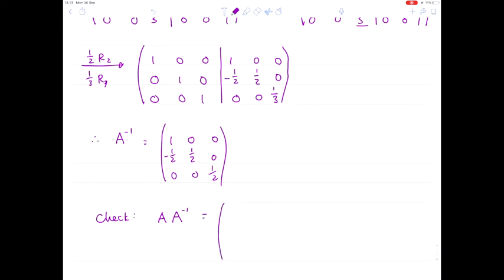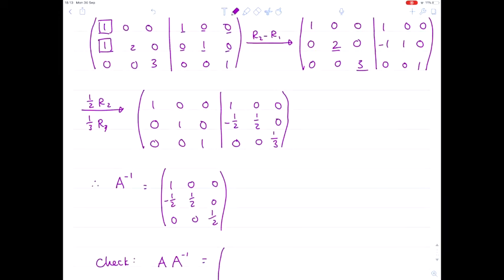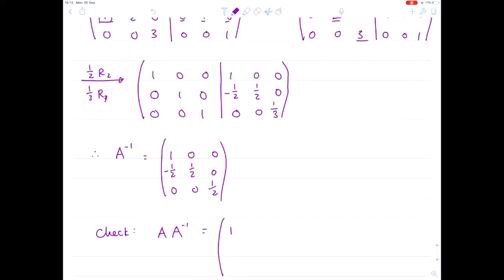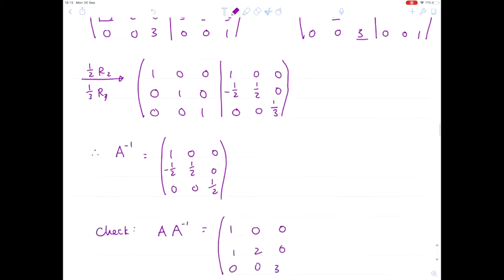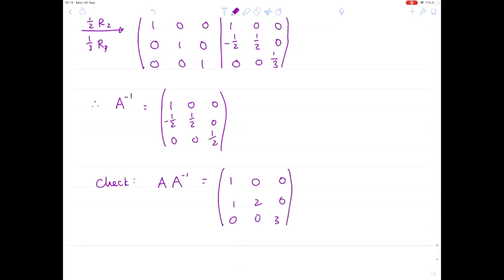So if we take our original matrix A, which was 1, 1, 0, 0, 2, 3, 0, 0, 0. Let's just check I got that right. And we're going to multiply that by this matrix here. Let's see if we get the identity matrix.